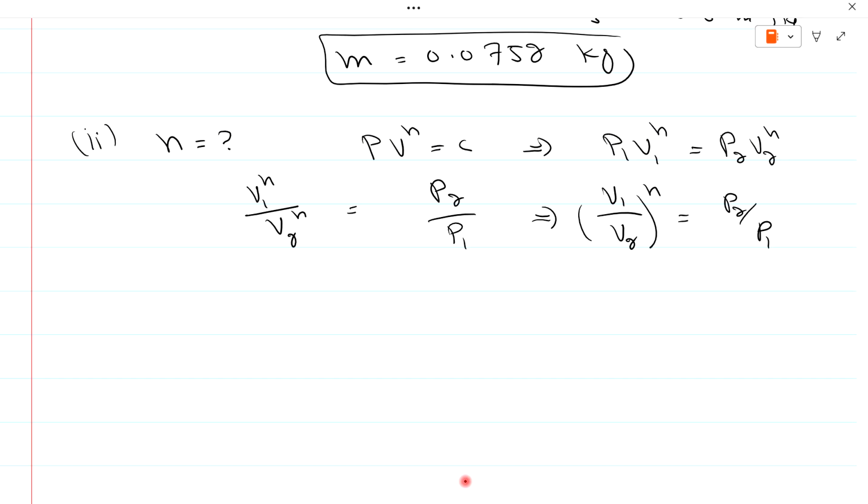Now putting in values, V1 is 0.09 cubic meter and the value of V2 is 0.0376, because V2 is equal to V3, a constant volume process.